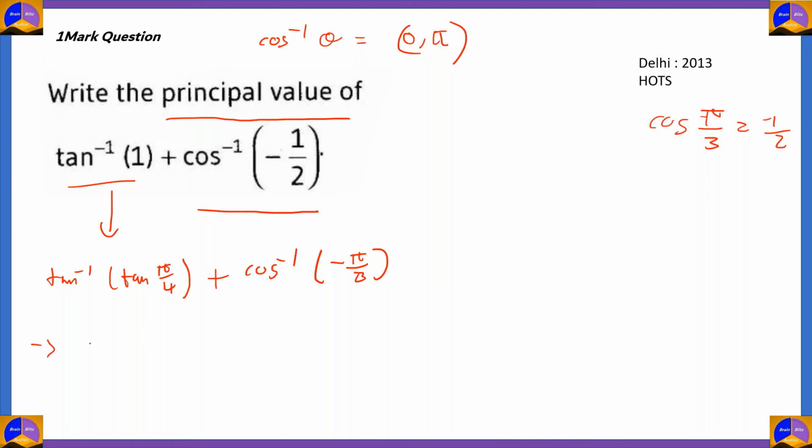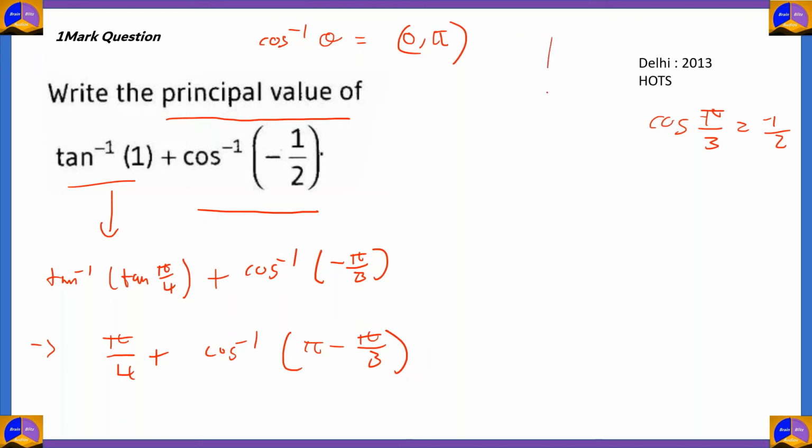So in the tan part, it's just simple elimination of the tan and tan inverse function. So we get pi by 4 plus cos inverse of minus pi by 3 would be converted into pi minus pi by 3 in order to get the theta value between 0 and pi. And the reason why we can do this is that cos of 180 minus theta is the same as cos of minus theta.